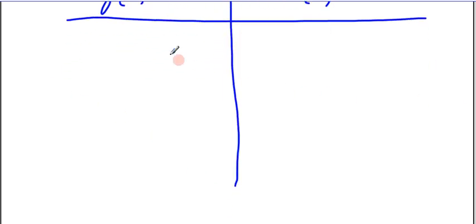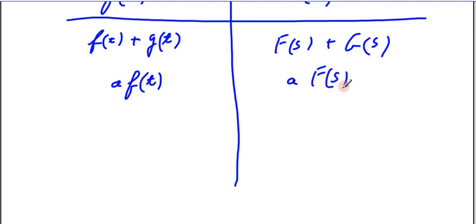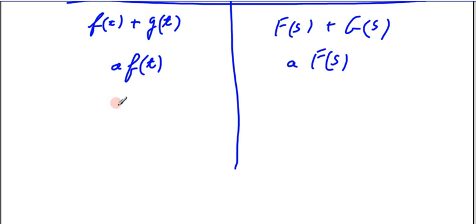And we find that if we have f of t plus g of t, then the Laplace transform is going to be F of s plus G of s. Capital letters there is what we use. Okay, if we have a times f of t, where a is some real number, then that's just going to be a times F of s. So that basically means that the Laplace transform is linear.